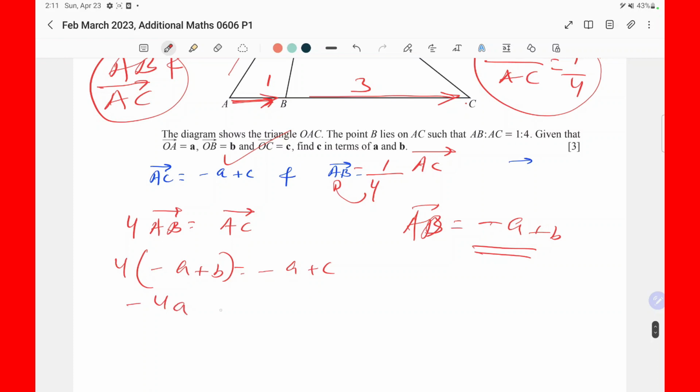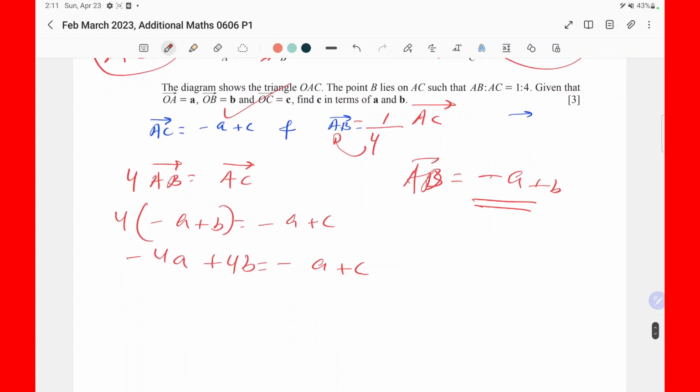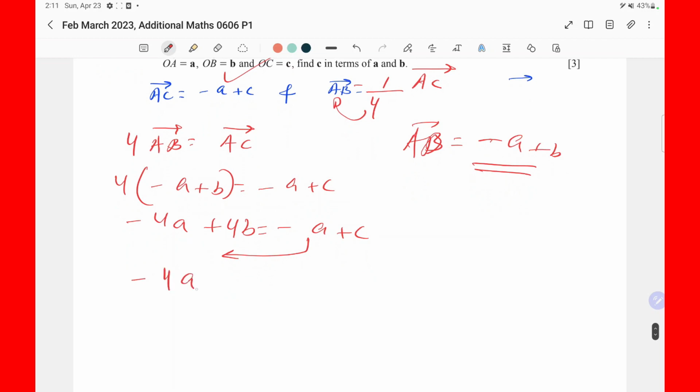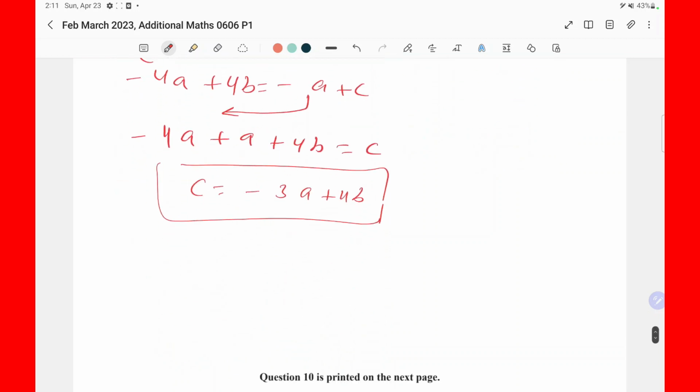So minus 4a plus 4b equals minus a plus c. I need to find c in terms of a and b. Just take minus a this side: minus 4a plus a plus 4b equals c. So c is minus 3a plus 4b.